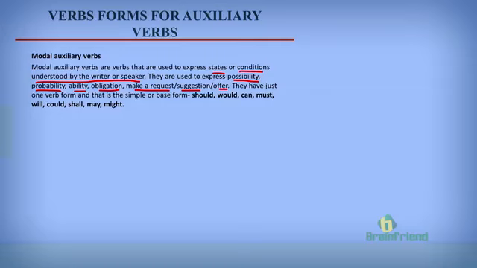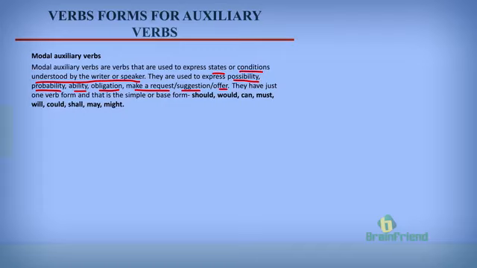They have just one verb form, and that is the base form, just the way they appear in the dictionary, just the way they appear as words. They do not have any special endings like -ing or -s or -ed. They just have one verb form, which is the base form.